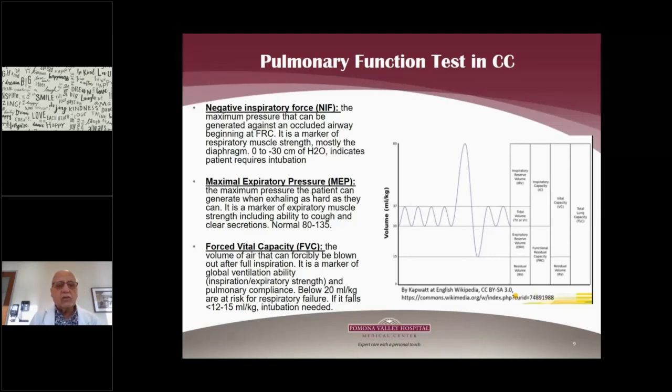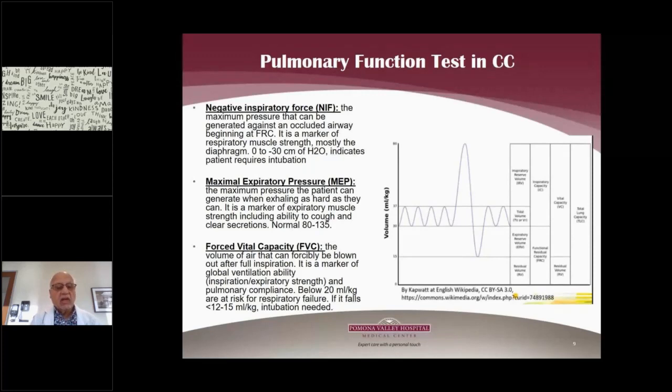They're kind of hard to do, and most of the applications would be in neuromuscular diseases, mainly like Guillain-Barré or myasthenia gravis. Of the three which I have shown here, the forced vital capacity is one of the most important. If the forced vital capacity is below 20 ml per kg of body weight, there is a good chance that it will progress to respiratory failure.